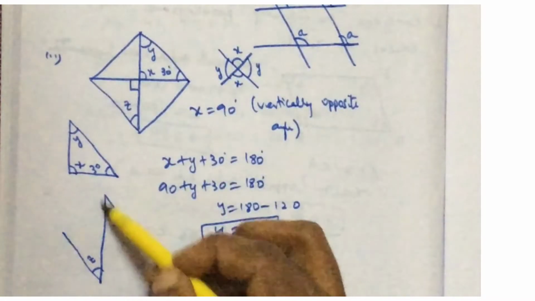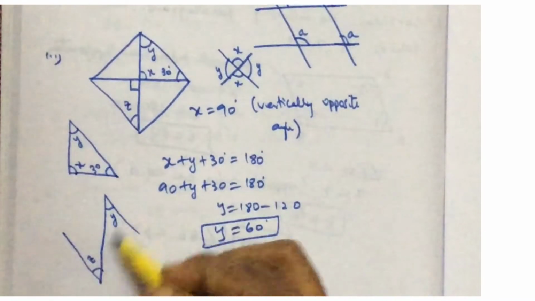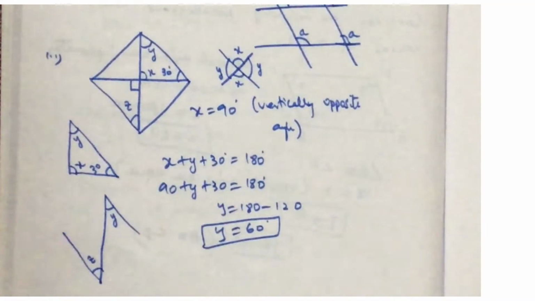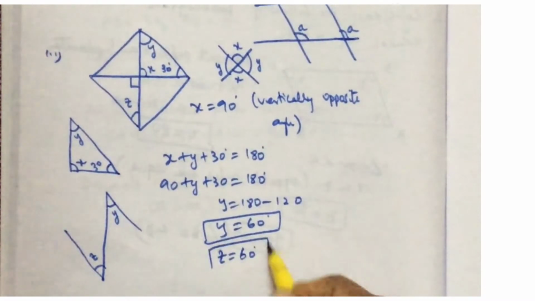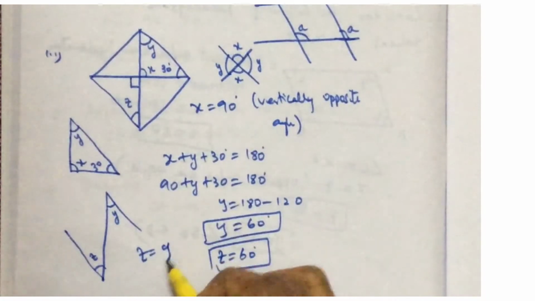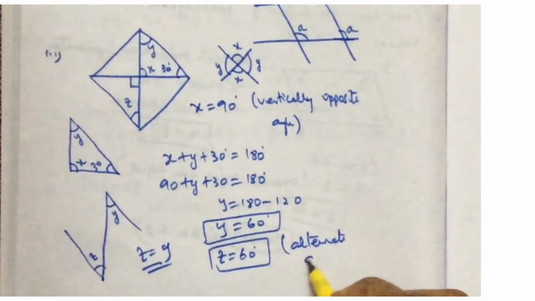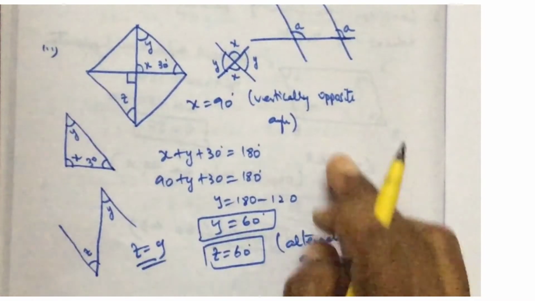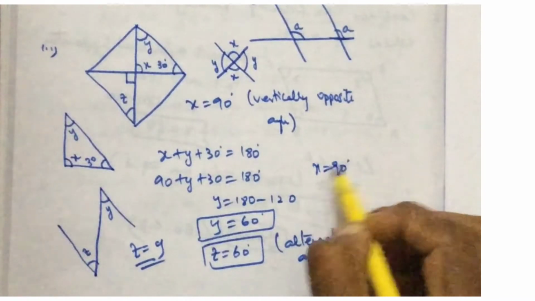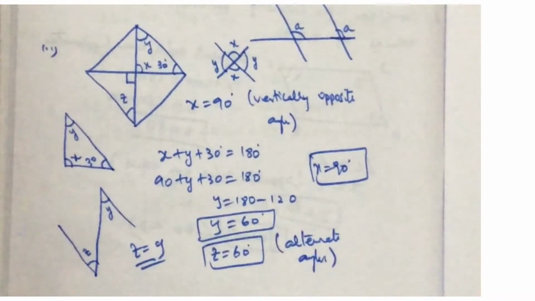We can say this is a Z type curve. So, Y and Z are alternate angles. So, I can say Z is equal to 60. Z is equal to Y because they are alternate angles. So, the answer is X is 90, Y is 60 and Z is 60.